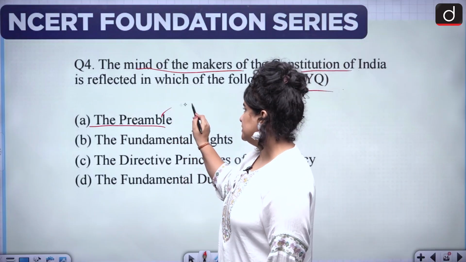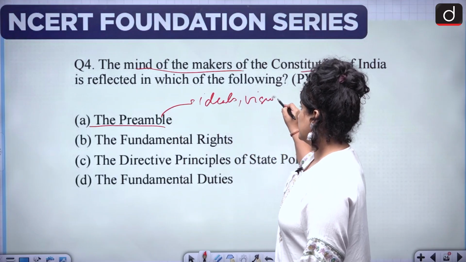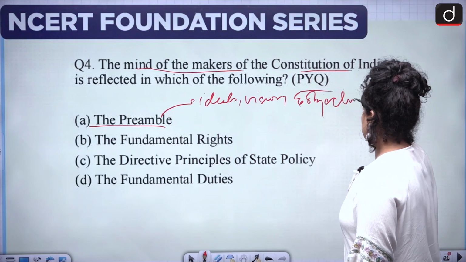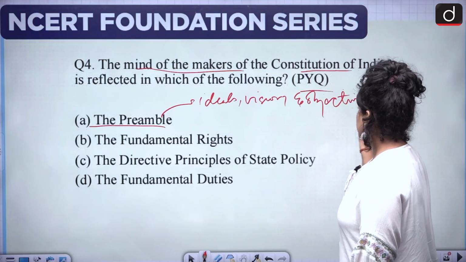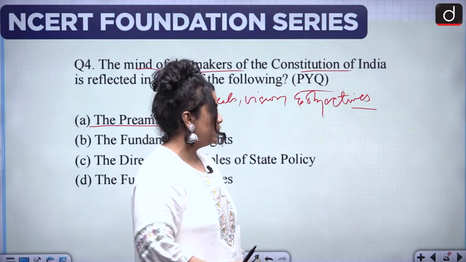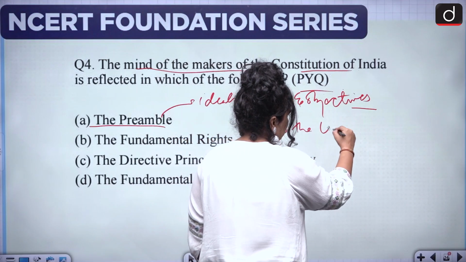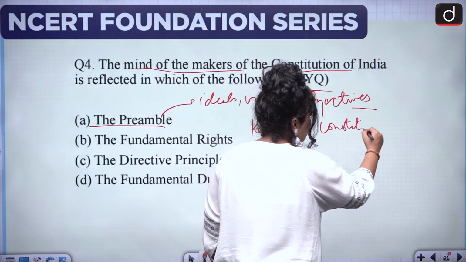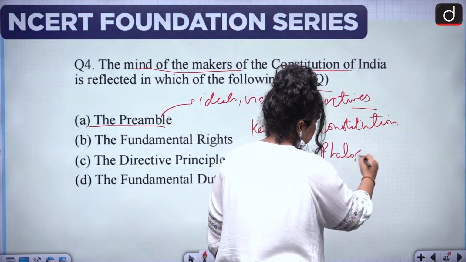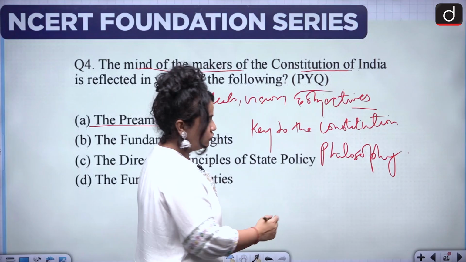See, Preamble talks about basically the ideals, vision and objectives of the Constitution. And whenever we talk about the Preamble, we talk about how it is the key to the Constitution, or it embodies the philosophy of the Constitution, or that it embodies the spirit of the Constitution.